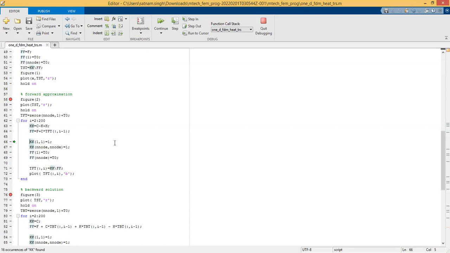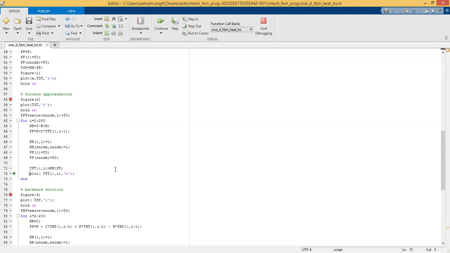Then in line numbers 66, 67, 68, and 69, I'm placing the boundary conditions. And then in line 71, I'm solving the temperature for the ith time step and storing the result in the matrix known as TFT, T for temperature, FT for forward.